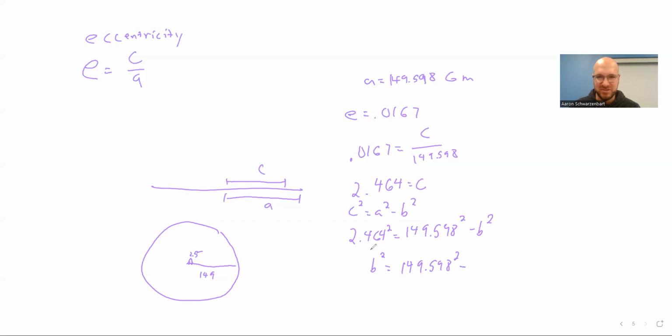Or actually, I add B squared, I subtract 2.464 squared. And then I'm going to solve for B. And I get B is 149.578 gigameters.